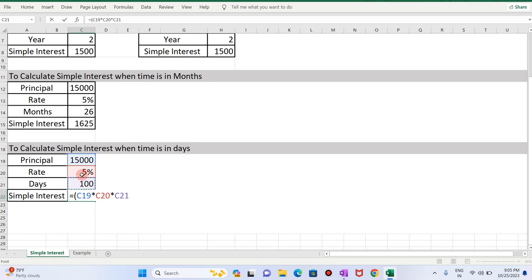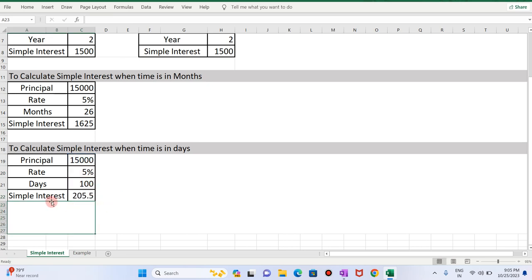Now for 100 days, in an entire year there are a total of 365 days. We have to calculate the simple interest for 100 days. So here you will divide by 365 days, close the bracket, press enter.